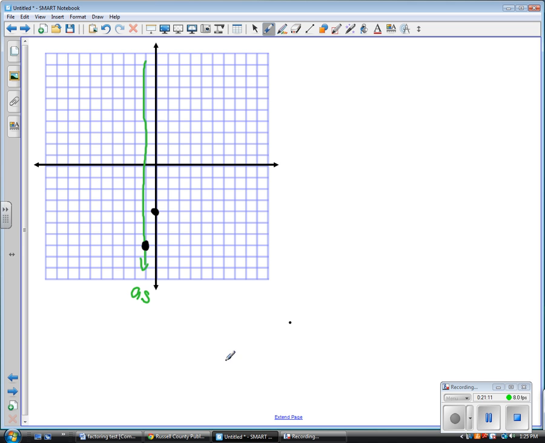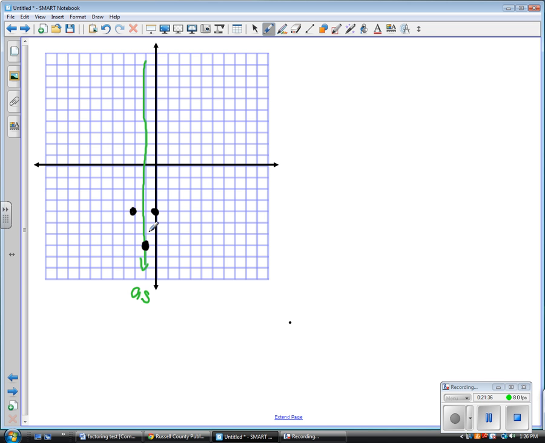Now, I know a point on the other side now because of axis of symmetry. If this is my axis of symmetry, if this point is one point across, then I also have a point over here, because it's got to cut it in half. Worst case scenario, you now can draw your parabola. Okay?